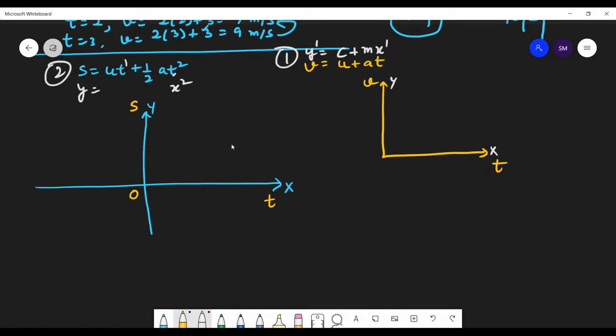Yes, sir. So here the maximum power is 2, so y equals x square. So it means we are going to get a non-linear graph, isn't it? Yes or no? Yes, sir.